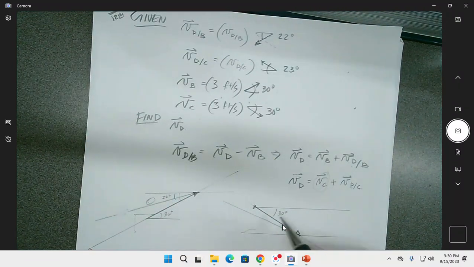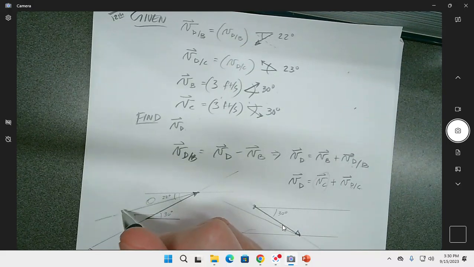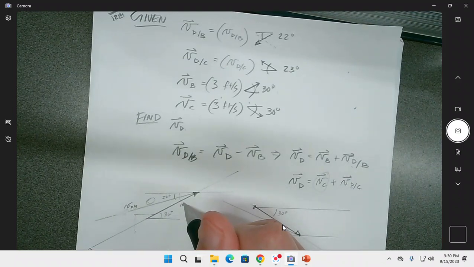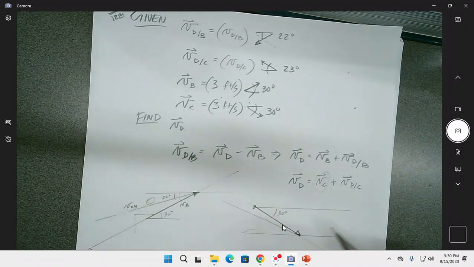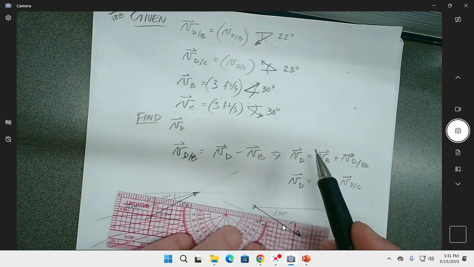So that right there is going to be somewhere around here. Let me write this right here. Here's VD with respect to B. This is VB. Here's VC, and here's VD with respect to C. So we have to kind of nail these and see.